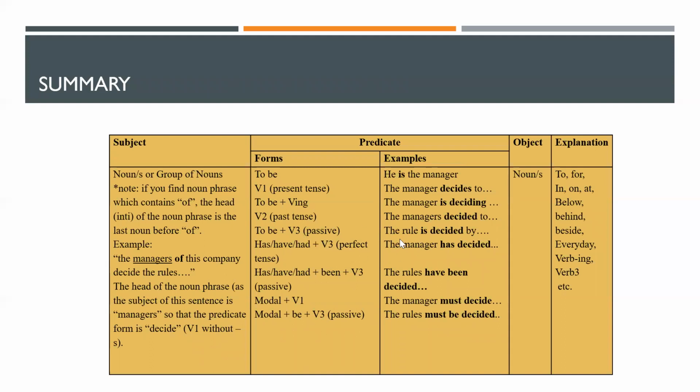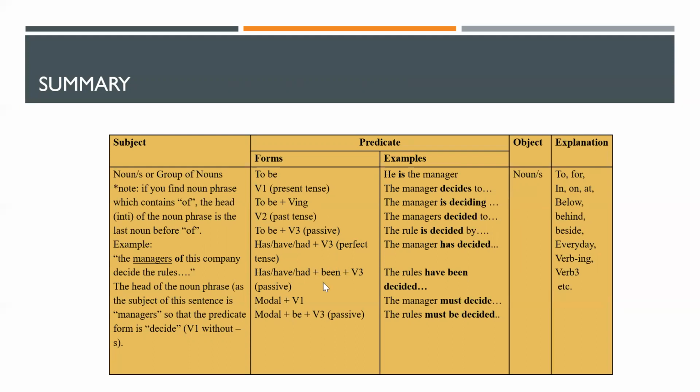Please have a look at the to be. If the to be is verb one, it will be simple present. If the to be is in verb two, it will be simple past. You can also have the perfect tense like this. You can have has, have, had, plus verb three. And then you can find has, have, had, plus been.